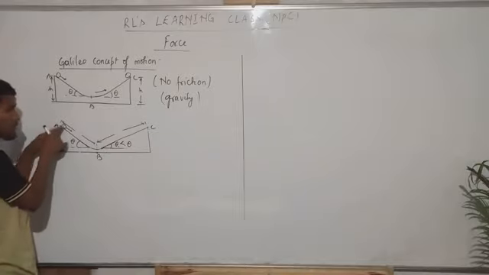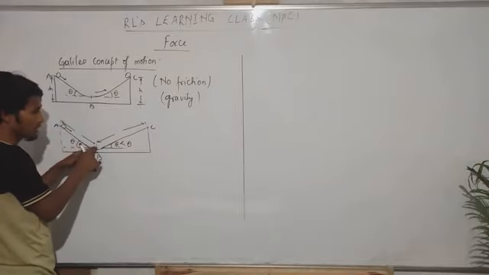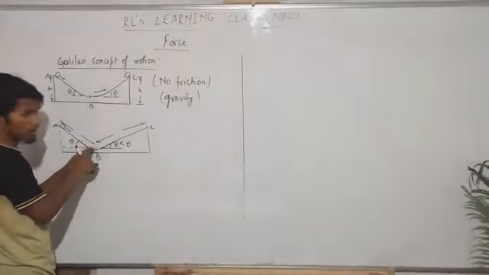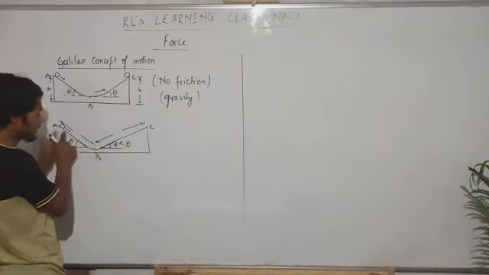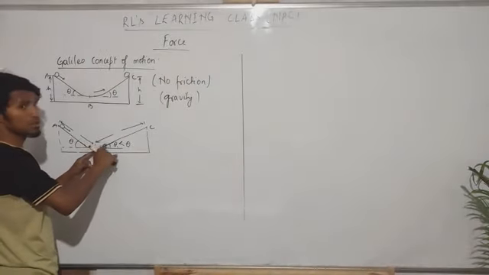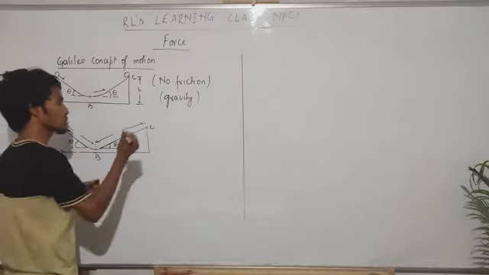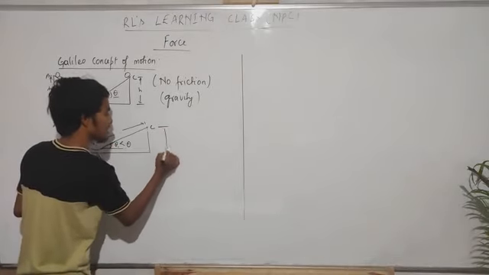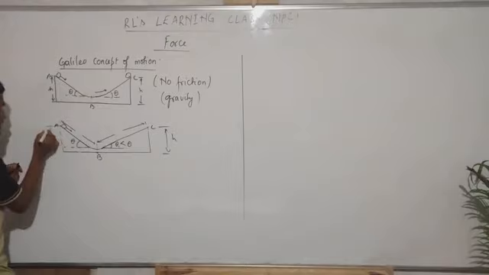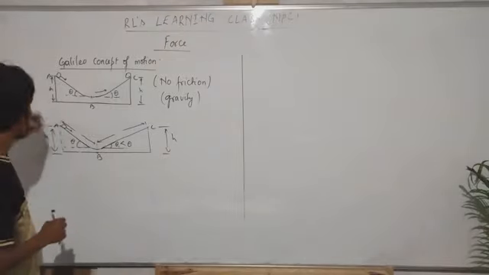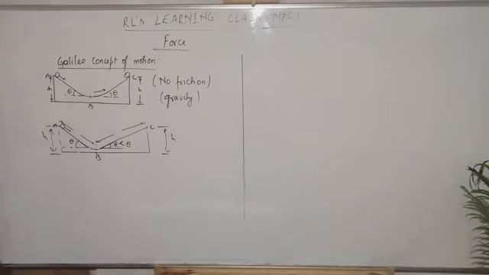In this case, the object will run at a very high speed up to point D, increasing its speed, then it starts to decrease the speed, but it will attain the same height. Here also the same height. But where is the difference?